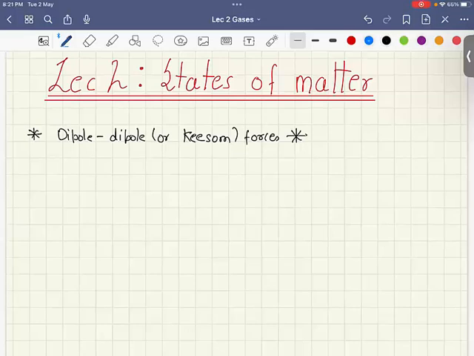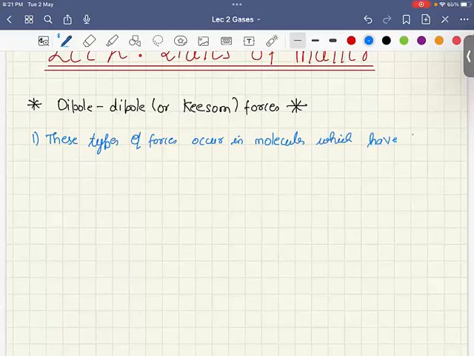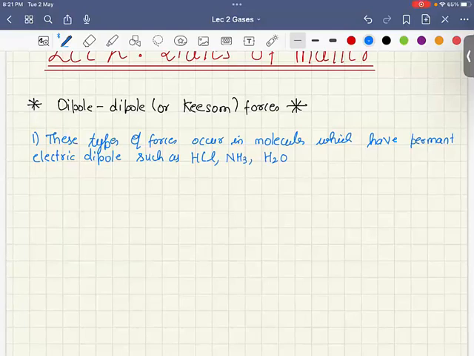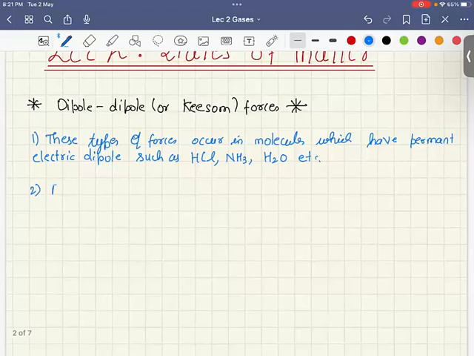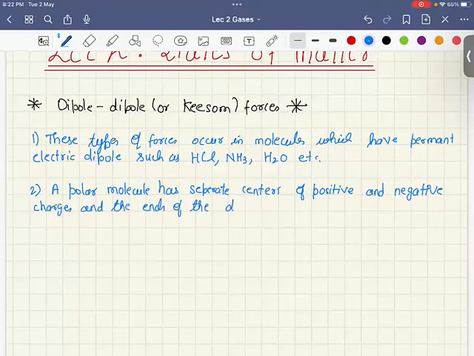Let us write this down. The first point is that these types of forces occur in molecules which have permanent electric dipoles, such as HCl, NH3, H2O, etc. The second point is that a polar molecule has separate centers of positive and negative charges, and the ends of the dipoles possess partial charges.